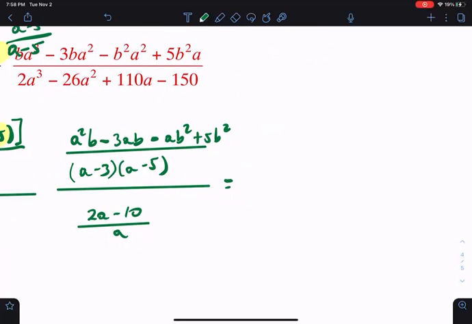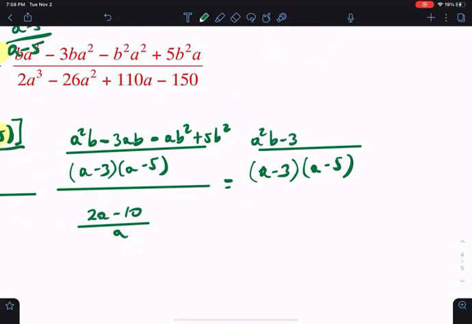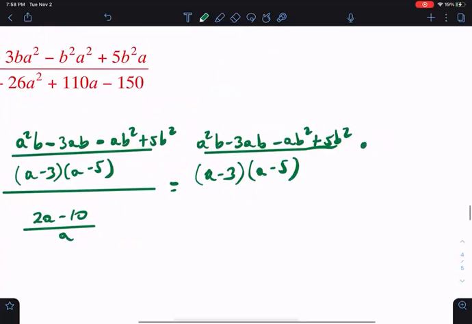Okay, I mean, we can leave this like that, and then at the end we can see what we can simplify or not. So here is a squared b minus 3ab minus ab squared plus 5b squared. And then if we flip the fraction, we change division into multiplication, and we flip. So this is going to be a over 2a minus 10, right?